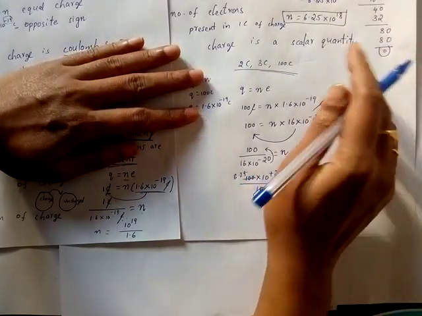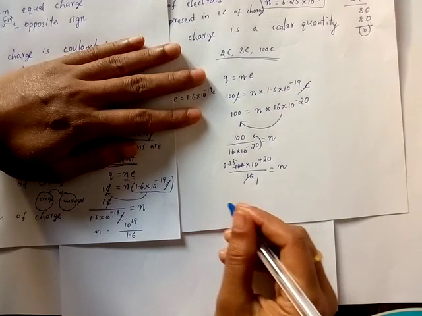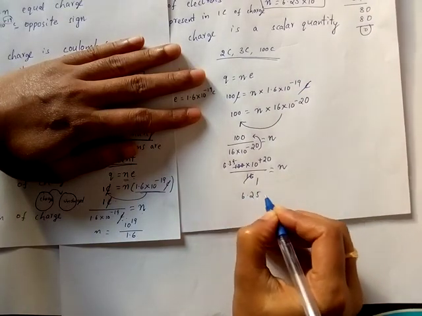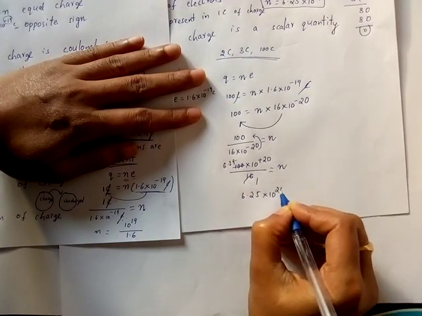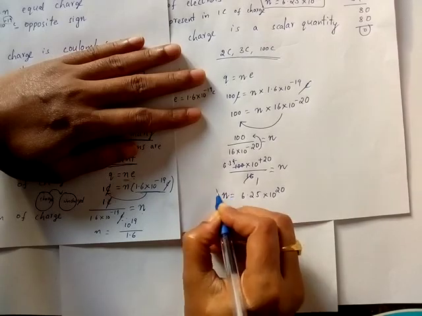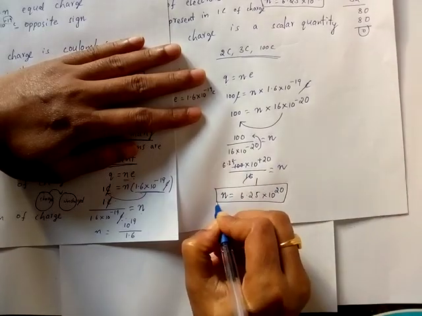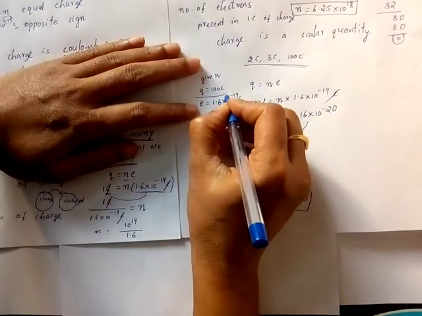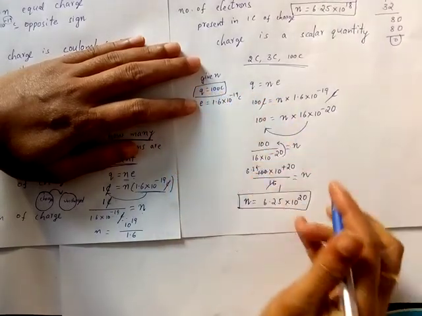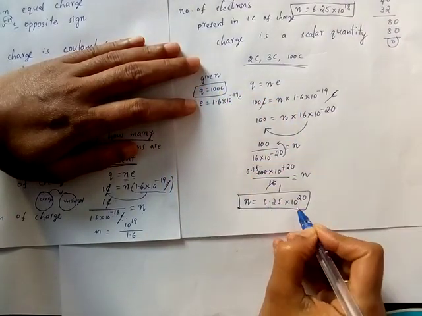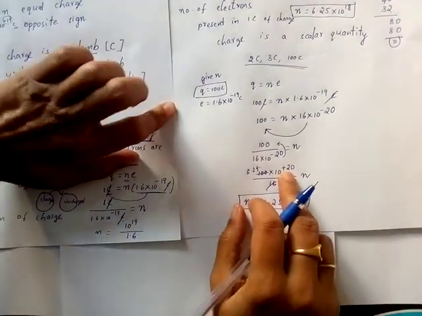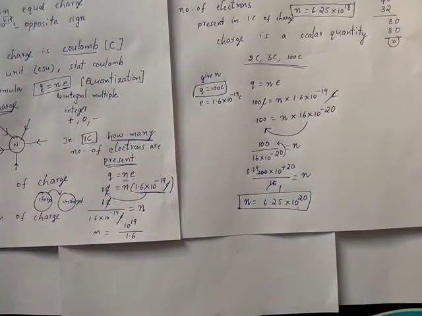Now only I have solved, I got 6.25. Then 6.25 into 10 to the power of 20. So number of electrons present in 100 coulomb of charge is equal to how many? 6.25 into 10 to the power of 20. Understood? So like this you can solve these type of problems.